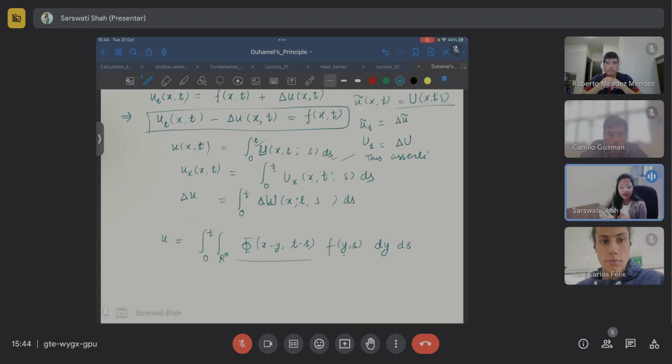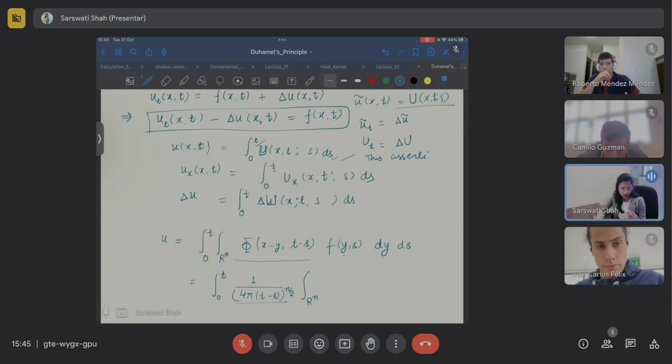Now we know the value of the heat kernel. For n dimensions, we know the form of the heat kernel. So it would be the integral from 0 to t of 1 over (4 pi (t minus s)) to the power n over 2, integration over Rn.